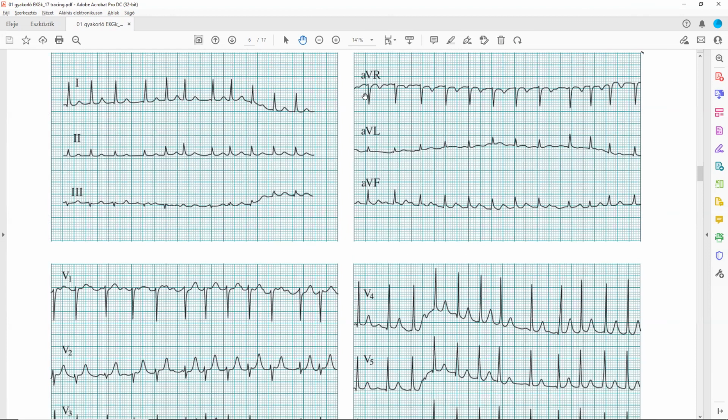And the other one is 60. No, 30. Yes, exactly. 120 minus 90 is 30. But AVR is negative, so it's the other. So it's 30. Yes, it's close to 30.